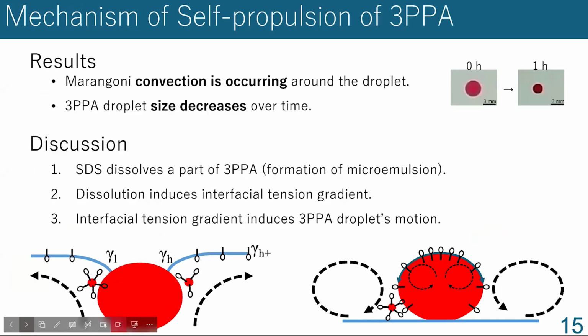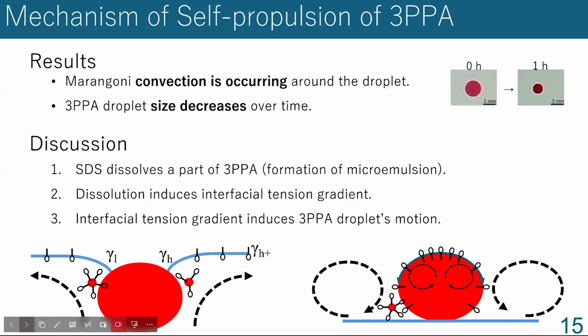This is the discussion of the mechanism of the movement. What we know is, first, Marangoni convection is occurring around the droplets, which we could see from the flow visualization. And next, the 3-PPA droplet size decreased over time, which we can see from 0 hours to 1 hour.